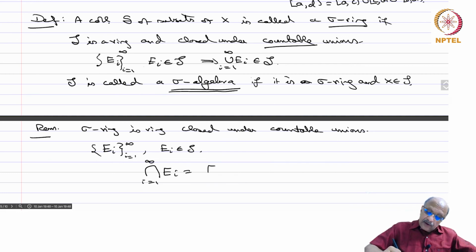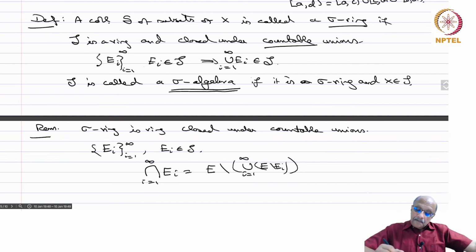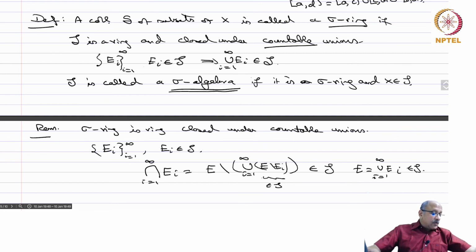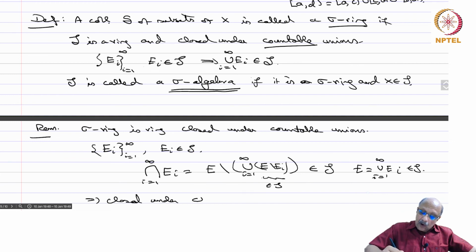That is equal to E minus the union over i equals 1 to infinity of (E minus E_i). And each of these belongs to S, differences belong to S, so this belongs to S, where E is nothing but the union over i equals 1 to infinity of E_i, which belongs to S. Okay, so this implies it is closed under countable intersections as well.